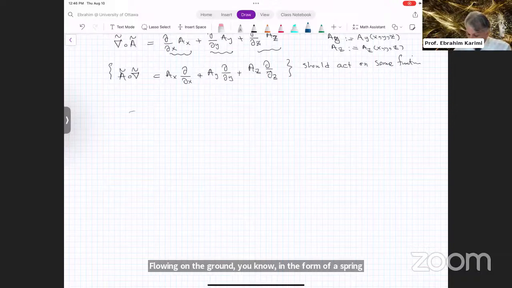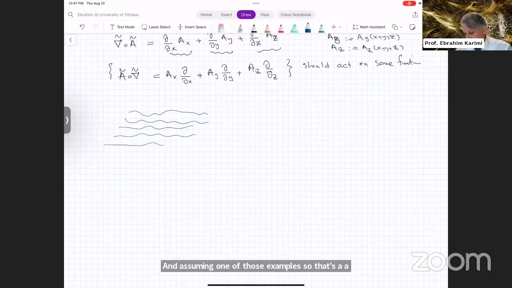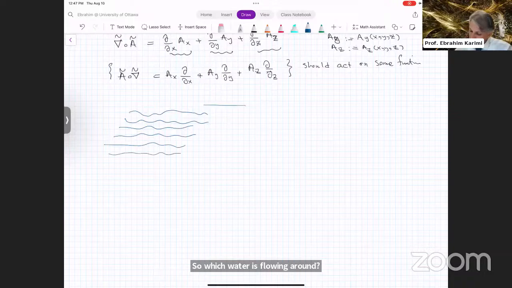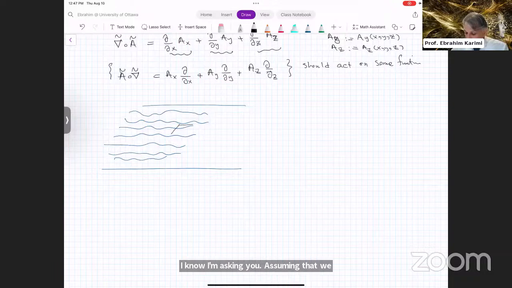Assuming one of those examples, a river, in which water is flowing around, now I'm asking you, assuming that we have a small volume inside of this water, inside of this river. A very, very small volume.